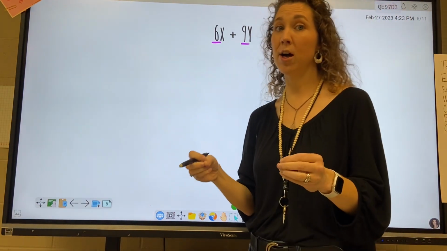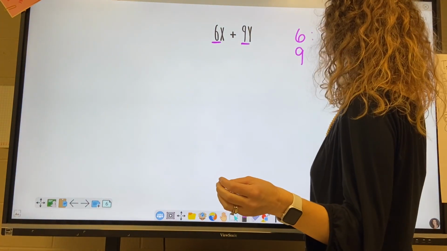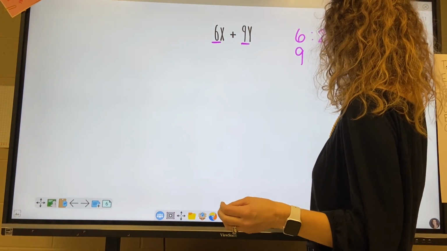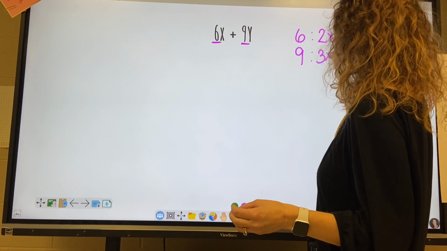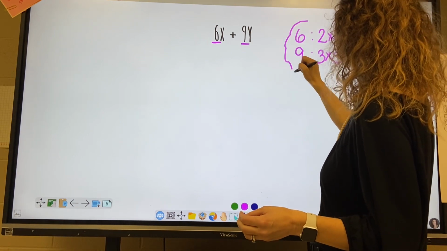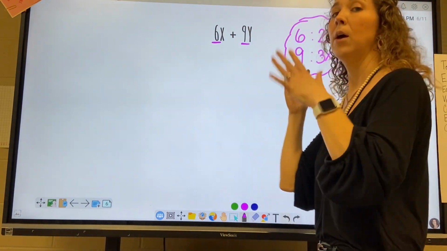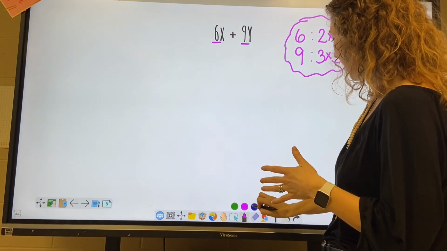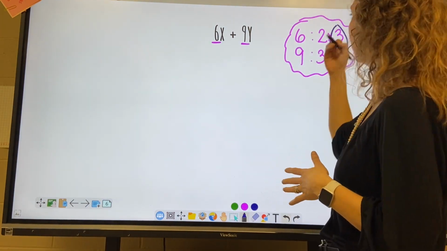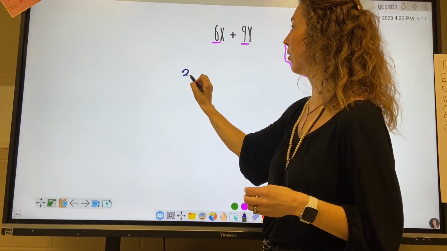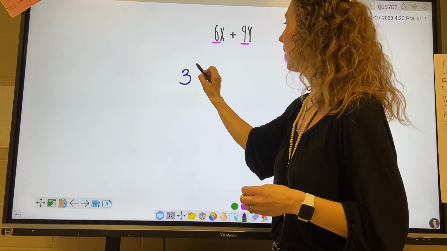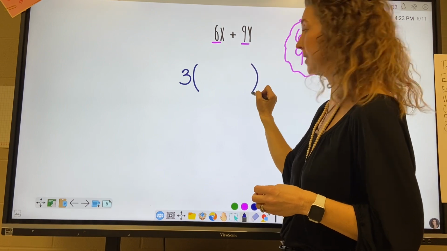What do they have in common? So 6 is 2 times 3, and 9 is 3 times 3. This is kind of all in my brain, thinking about those multiplication facts in my head. What do they have in common? They have a 3 in common. So I'm going to pull out a 3, and then I'm going to put parentheses.